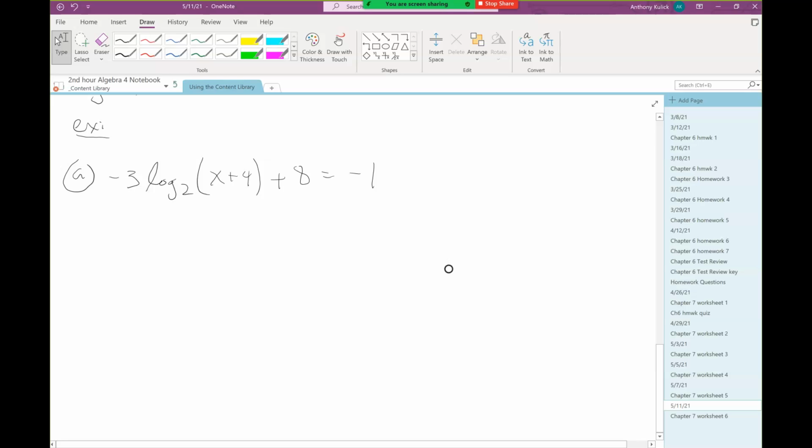In a case like this, I'm going to treat it very much the same way we did the previous exponential problem. I'm going to get the logarithmic part by itself, and then we'll cancel the logarithm using an exponent base, and then finish solving. So the first thing I would do is subtract 8 from both sides. And then we'll divide by the negative 3.